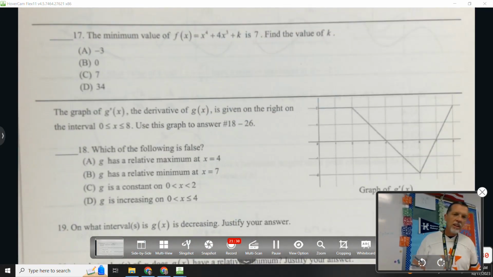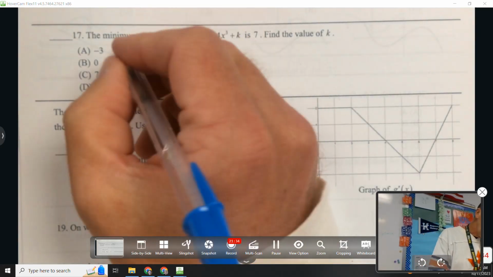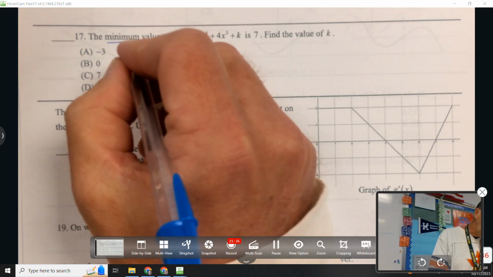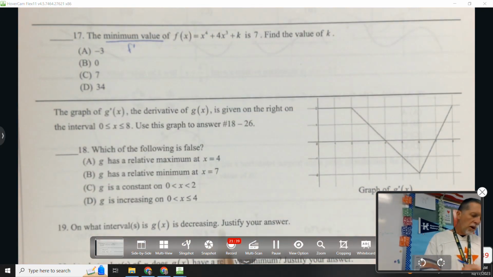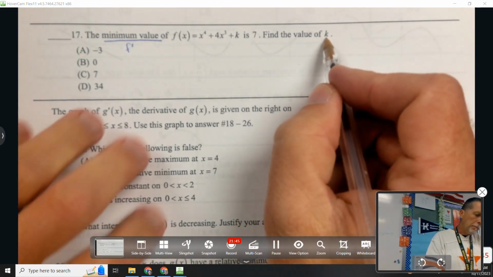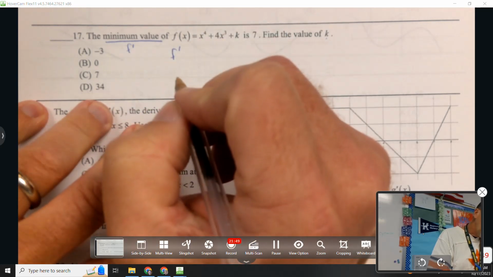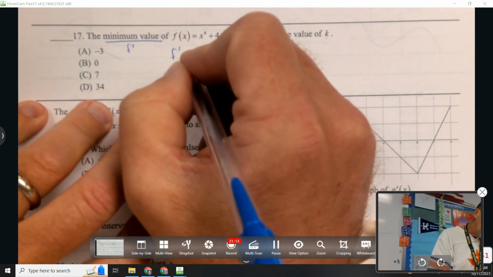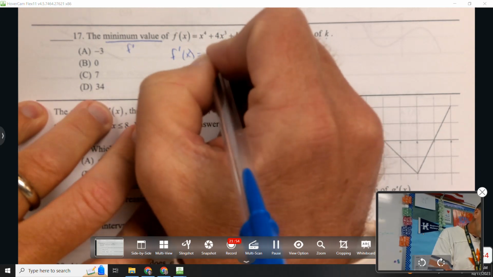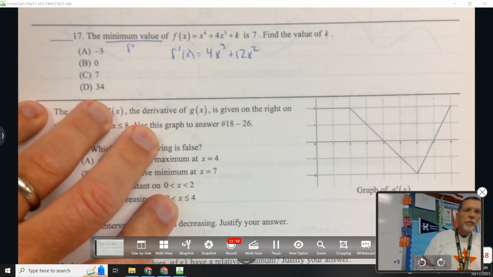Number 17. The minimum value. So I'm thinking F prime. F prime changes negative to positive. Find the value of k. Okay, well, let's find F prime. 4x cubed plus 12x squared.